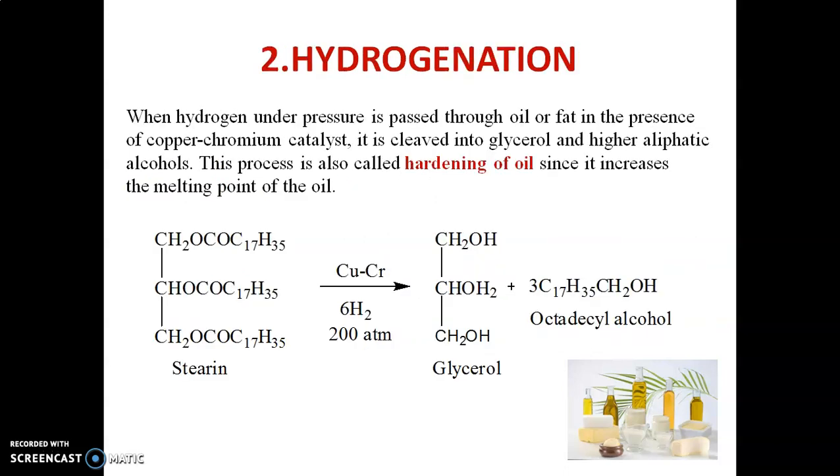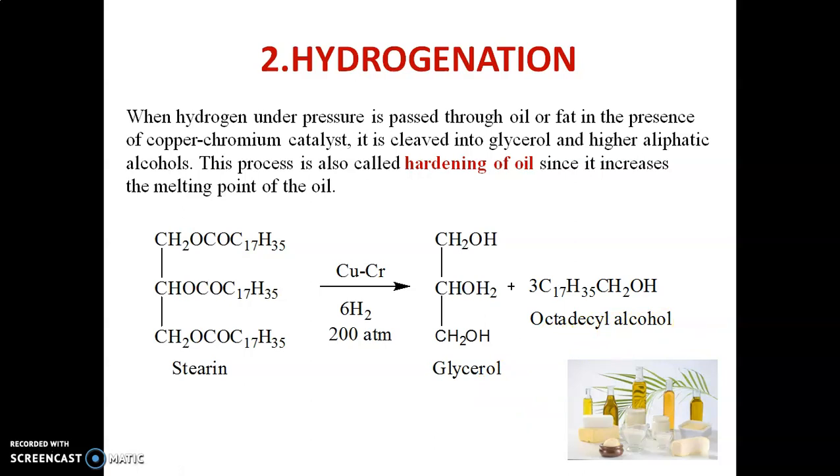The second reaction is hydrogenation reaction. When hydrogen under pressure is passed through oil or fat in presence of copper as a catalyst, it is cleaved into glycerol and higher aliphatic alcohols, which is evident from the reaction shown here, that is stearine on treatment with copper and chromium as a catalyst at 200 atmospheric pressure yields glycerol and higher aliphatic alcohol as the end product.